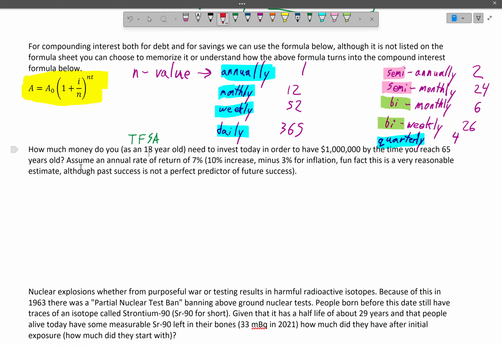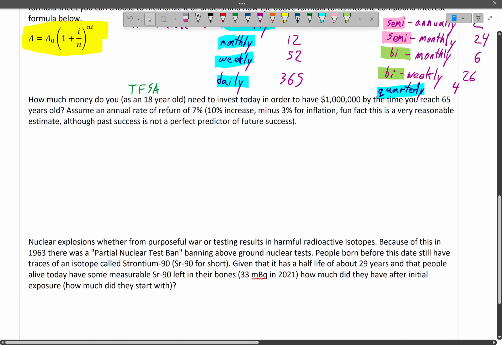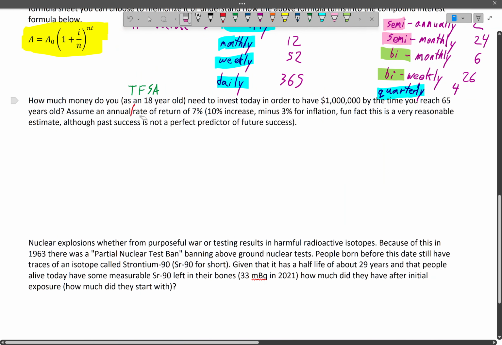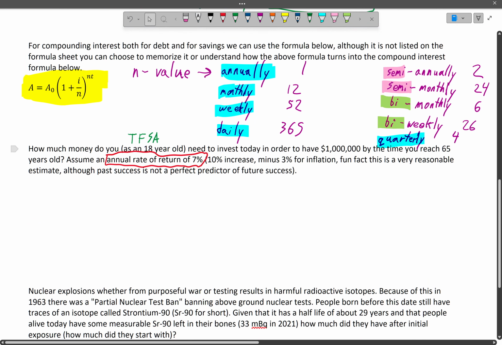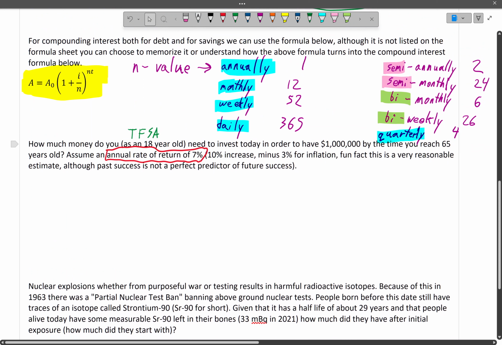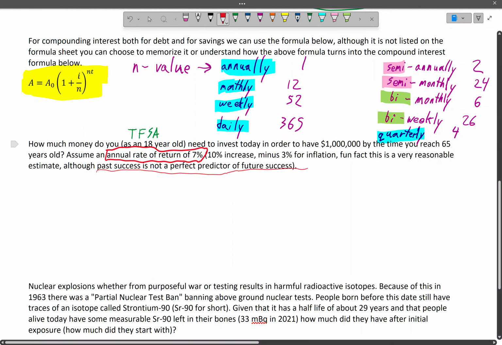But assume an annual rate of return of 7%. This is actually a pretty reasonable rate of return because it's the 10% increase that the broad market ETFs historically have gotten, minus about 3% for inflation. So this is a relatively fair estimate. It's not perfect, and like this says here, past success is not a perfect predictor of future success.